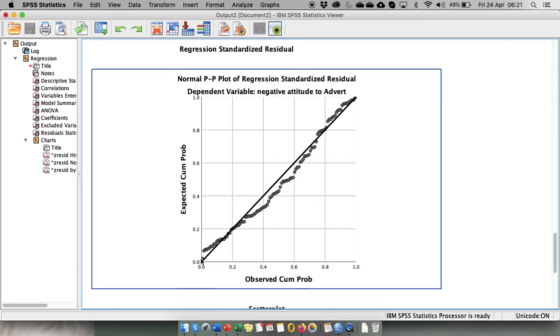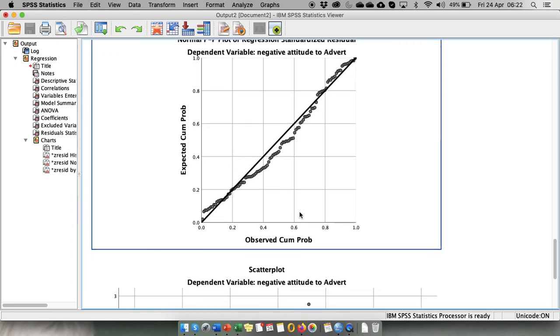This graph, the PP plot, also tests exactly the same thing, the distribution of errors, and ideally you want all the dots to land on this black line. In a way, the closer the dots are to the line, the better. But when you work with real research data, you always have some deviations. So in this case, okay, it's not ideal, but it's more or less acceptable.